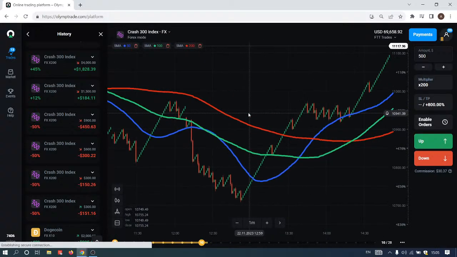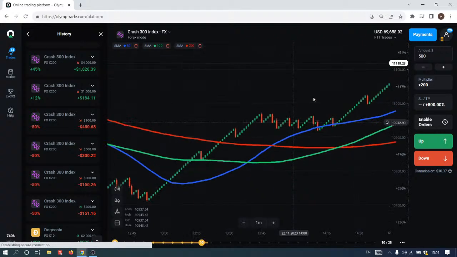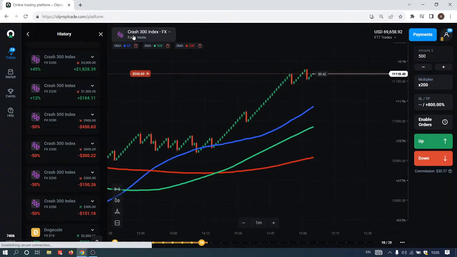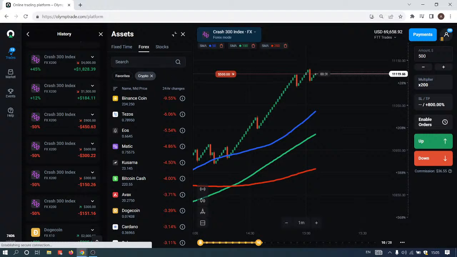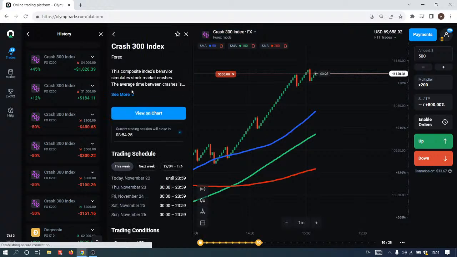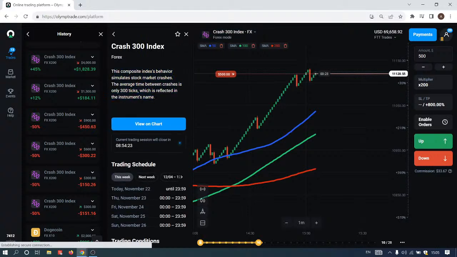One key point I want to mention is that many people have been asking me and my colleagues, my friends here in Olymp Trade, what's the story with this crash 300 index? There is a description here. If you type crash 300, you're going to read a little bit about this index.